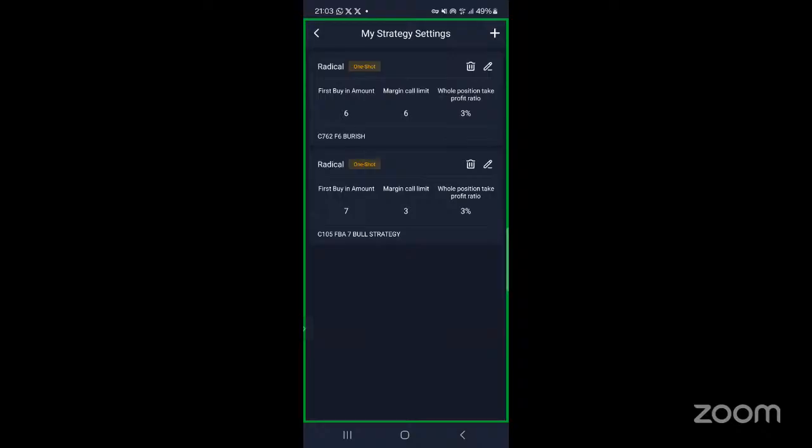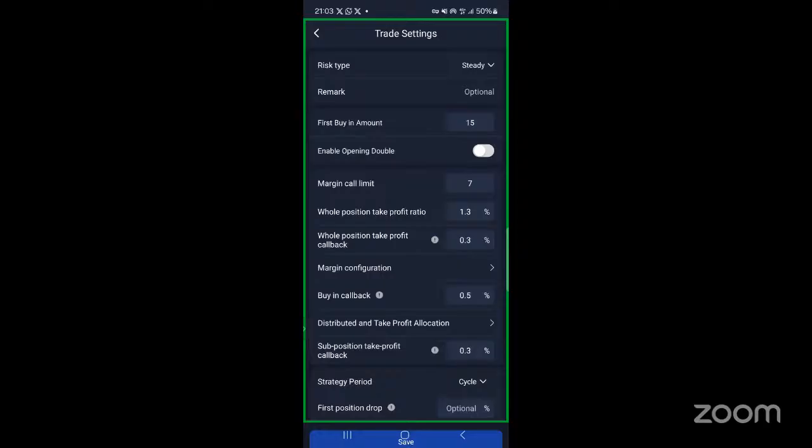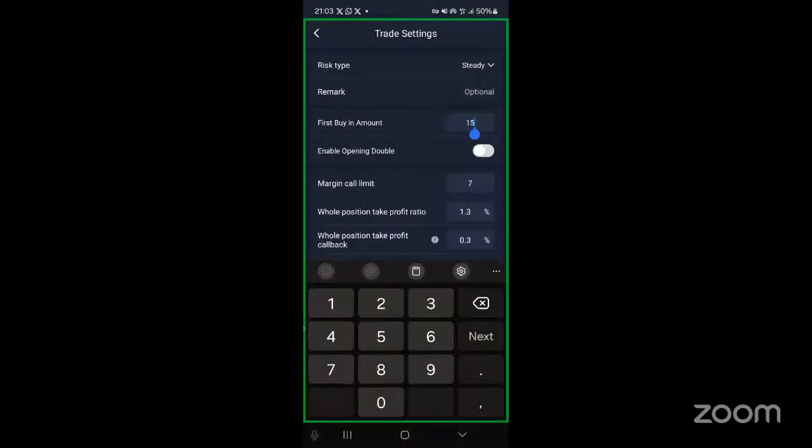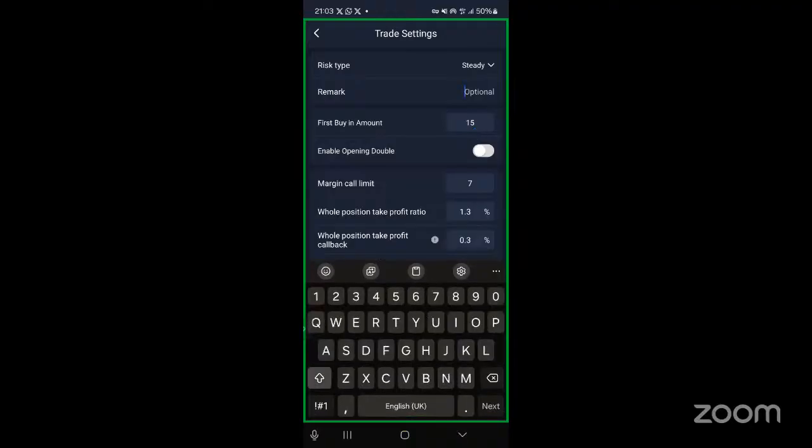Okay. So I've just set 2 strategies. You can set another one, steady when the market is ranging.